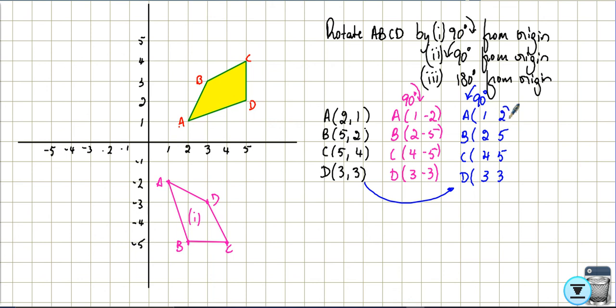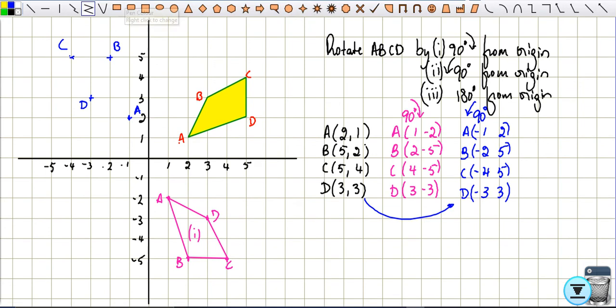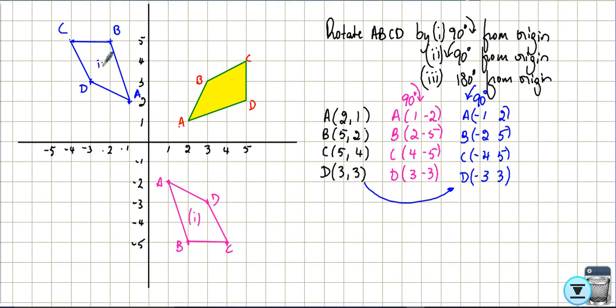Then change the sign of the x coordinate. I'm going to plot: minus 1, 2, that is A; minus 2, 5, this is B; minus 4, 5, this is C; and minus 3, 3, this is D. I can draw the shape, and that is number 2, rotation of this shape by 90 degrees anti-clockwise from the origin.